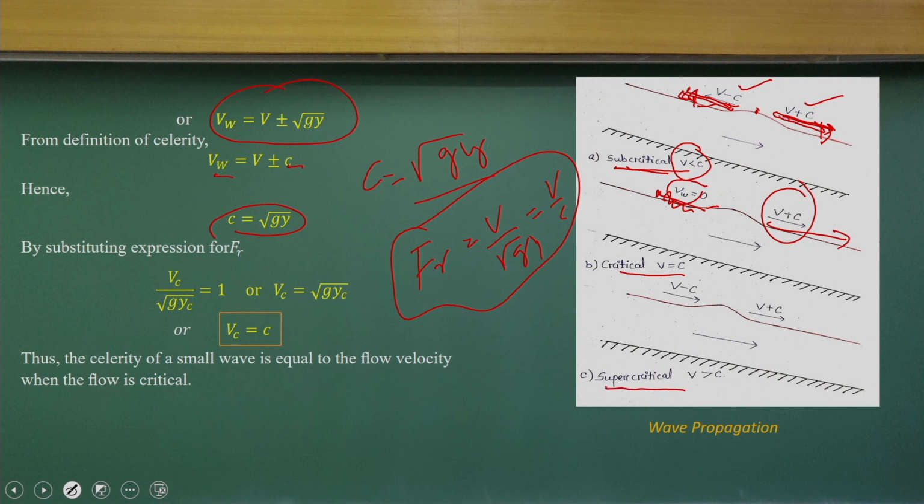But if you look at the supercritical flow, both cases will have positive values, because as V is greater than C, these two roots, V plus C and V minus C, will both be positive.